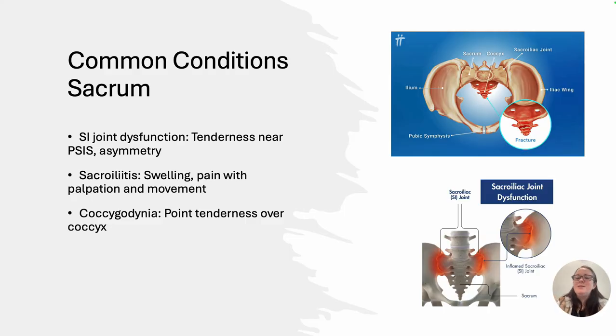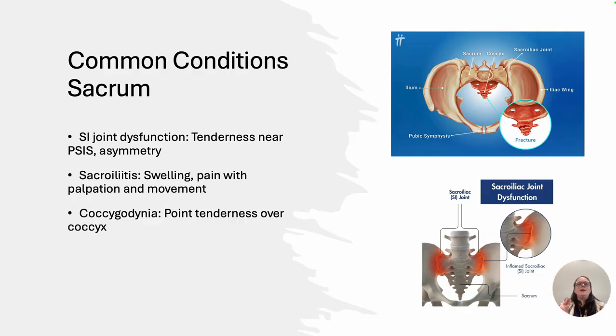So when someone has SI joint dysfunction, there's going to be tenderness near something called the posterior superior iliac spine, which you guys don't know what that means yet, and we'll learn that when we do the pelvis. And there usually are some issues with asymmetry, so it's not going to be quite even on both sides.